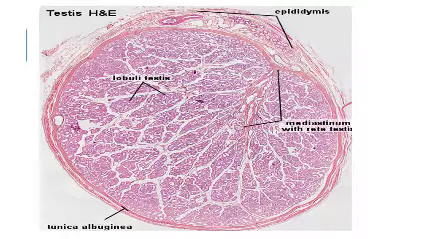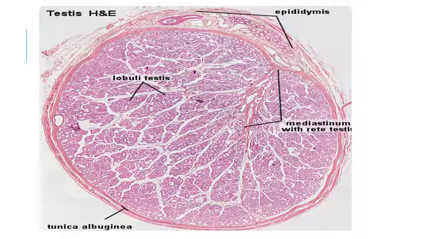So in this pictograph you are clearly able to appreciate the whole mount section of the testis. Here you are able to see the mediastinum of testis, from where there are various septa radiating and dividing the testis into compartments.